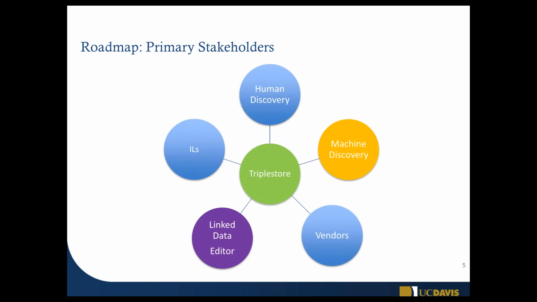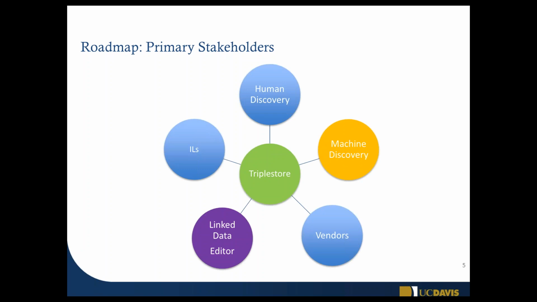For the roadmap, the first thing we had to think really hard about is who the major players are in the linked data environment. Those are the six major players we identified, and some of them you're already familiar with.